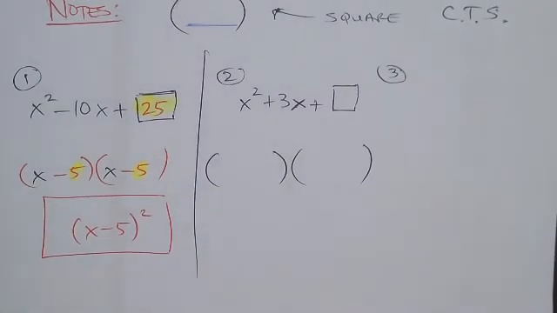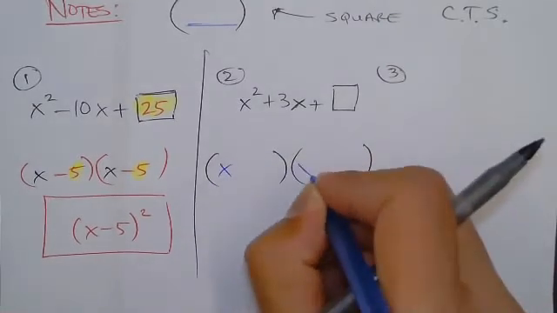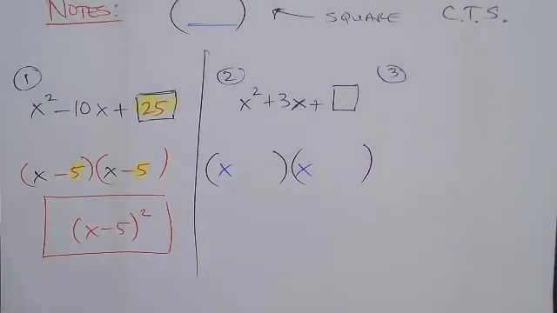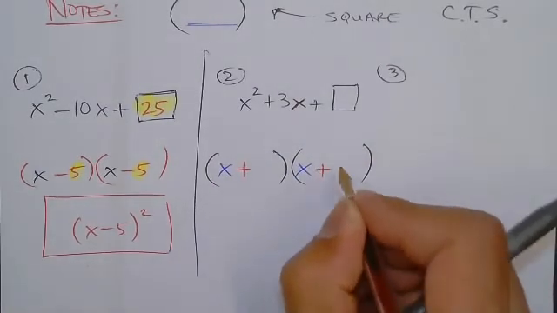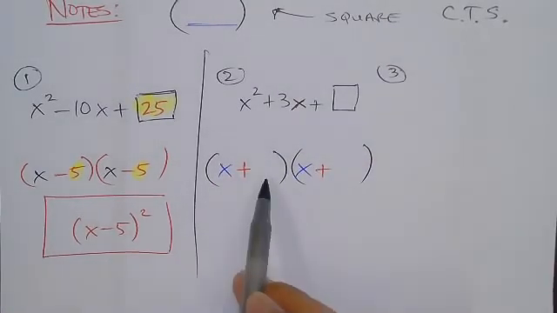Anybody want to say it before I tell you what it is? Because you're going to be like, oh, I knew that. Anybody know what number I'm going to put right here? Alexa, talk to me. I know that you know.